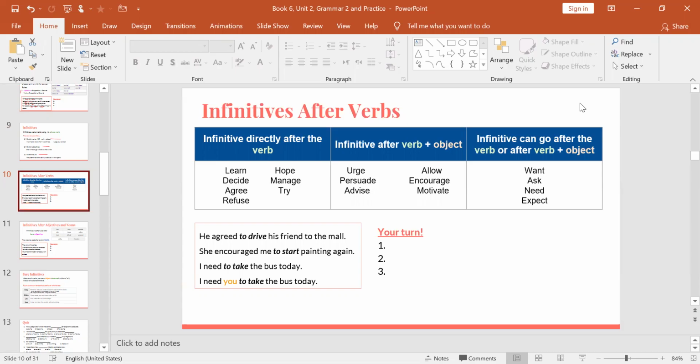So the first sentence written down here is, he agreed to drive his friend to the mall. So we see that he agreed, so we see the verb, and then right after it is the infinitive. So this is the first box.